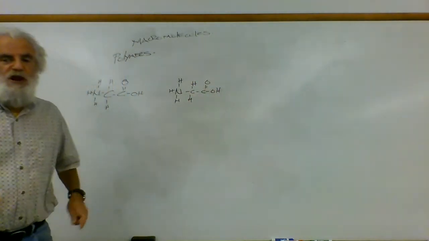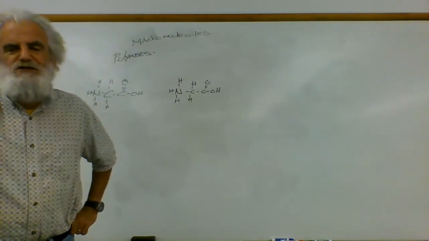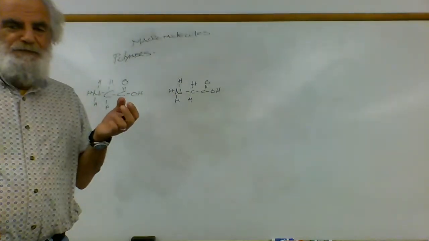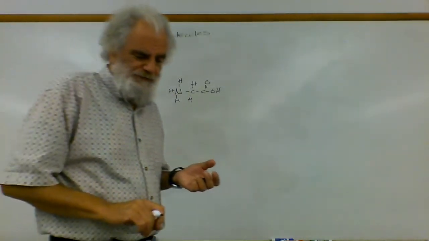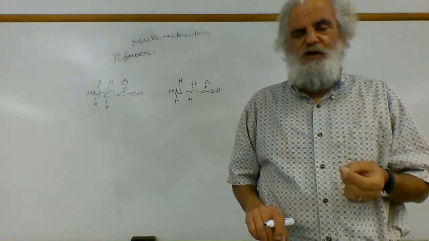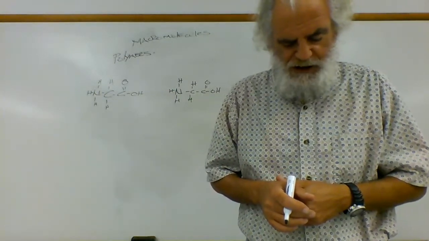Now, when we start linking together polymers, what you look for is how you can make a molecule of water, or what's called a condensation reaction, in which we are pulling out a molecule of water, also known as a dehydration reaction.